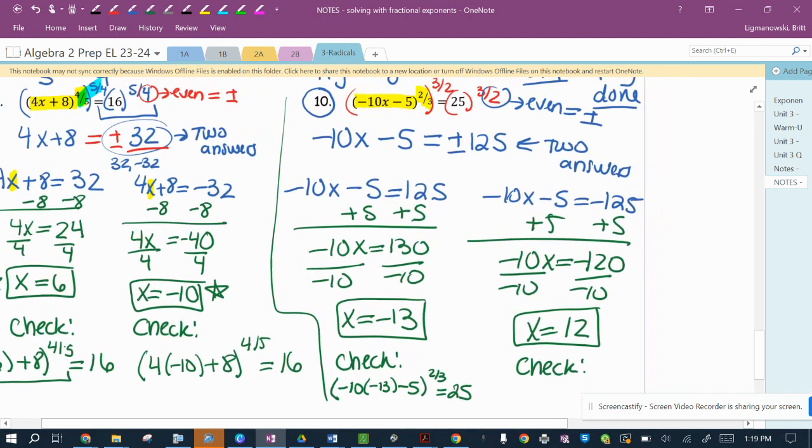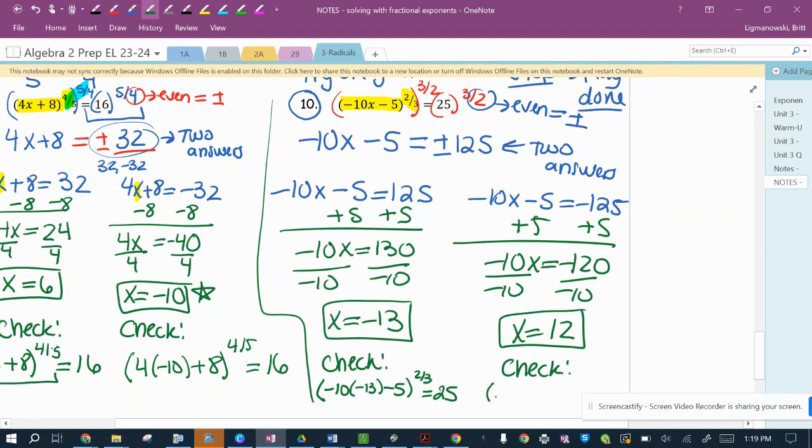Then I'm also going to plug in 12. So negative 10 multiplied by 12, minus 5, to the 2/3 power, and I'm hoping that equals 25. So we'll type both those into Desmos.